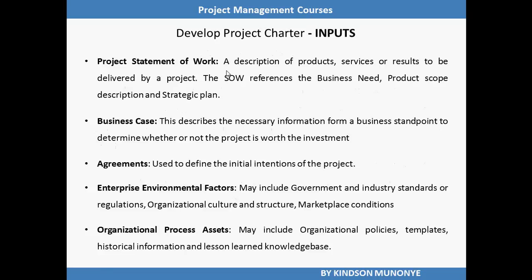It references the business need, the product scope description, and the strategic plan. We have the business case, which describes the necessary information from a business standpoint to determine whether or not the project is worth the investment. Then we also have agreements, enterprise environmental factors, and organizational process assets.